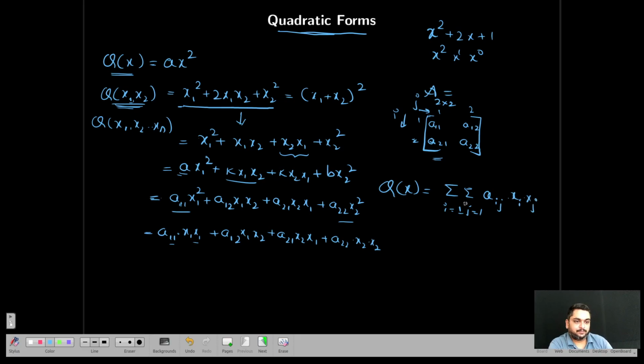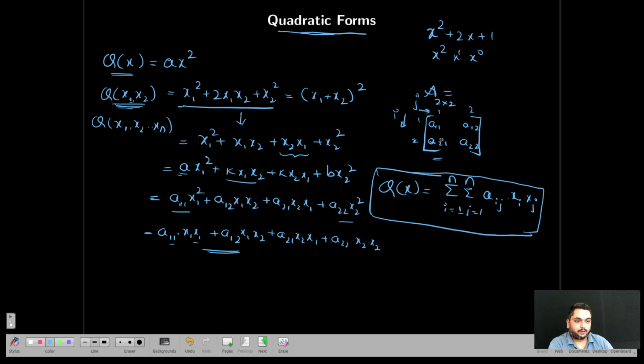If I expand it for n equal to 2, I'll get this equation back. So this is the standard representation of a quadratic form. For n variables, you will write it like this.